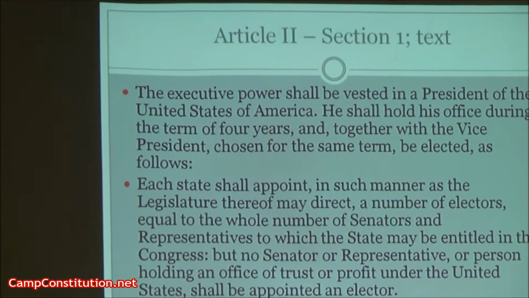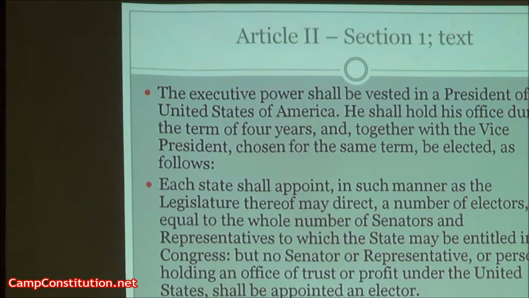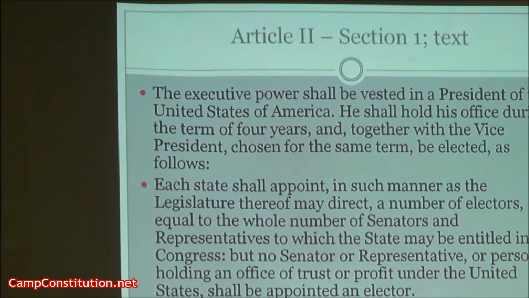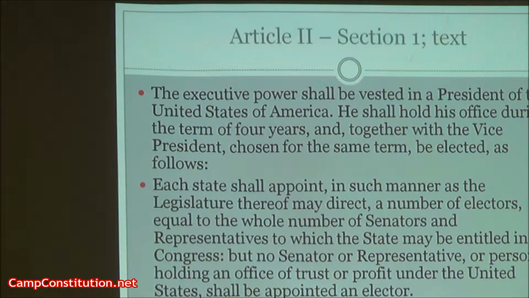He can't offload it to another bureaucracy or somebody else. He can't point the finger and say, she made the decision, it's her fault. Yes, you. Can't do it. Vested. Power is vested. It's in the president. Executive power shall be vested in a president of the United States of America.